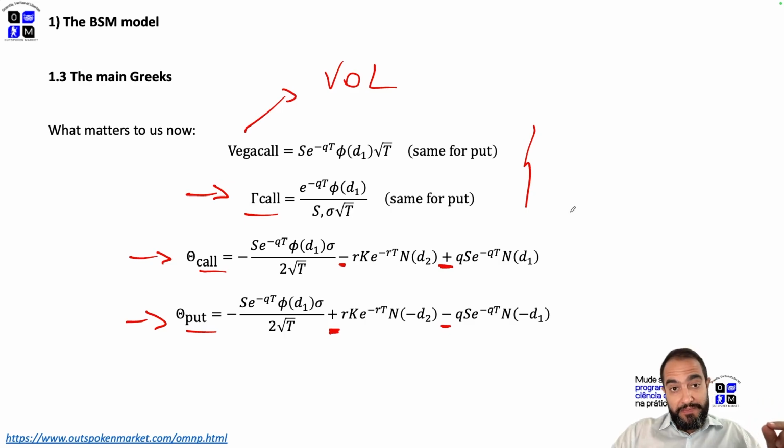In the very same way, if my time to expiration is passing, so it's like the clock counting against you, the option price loses value because you see there is this minus sign over here. The component that will help the option price lose value is accelerated by the fact that, for example, T is decreasing.